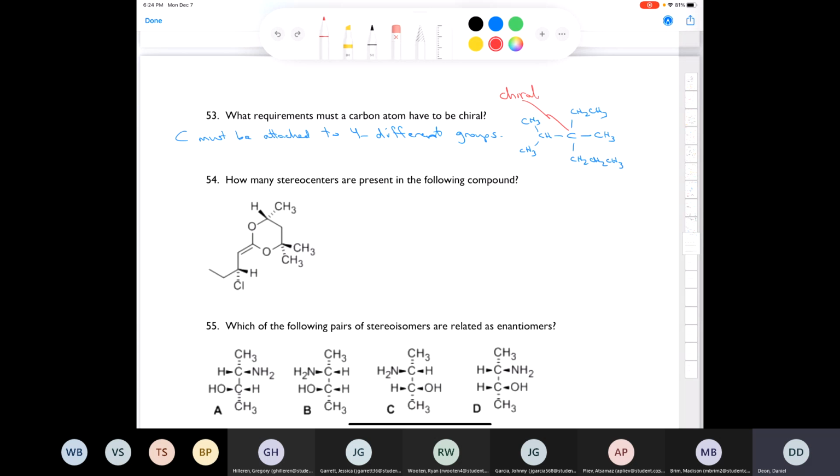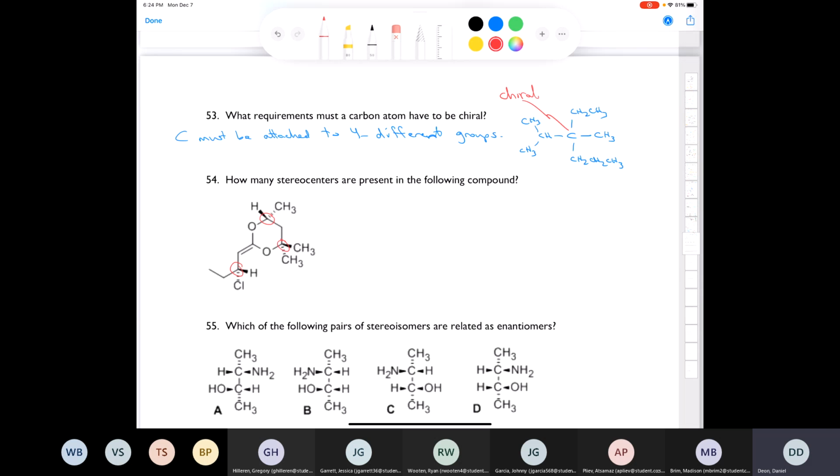Okay, this one might be kind of tough. It's asking us, how many stereocenters are present in the following compound. In fact, I don't even like this question. This is pretty tough because we don't really talk about cis and trans bonds being stereocenters. What you guys would probably recognize would be 1, 2, 3, like this.